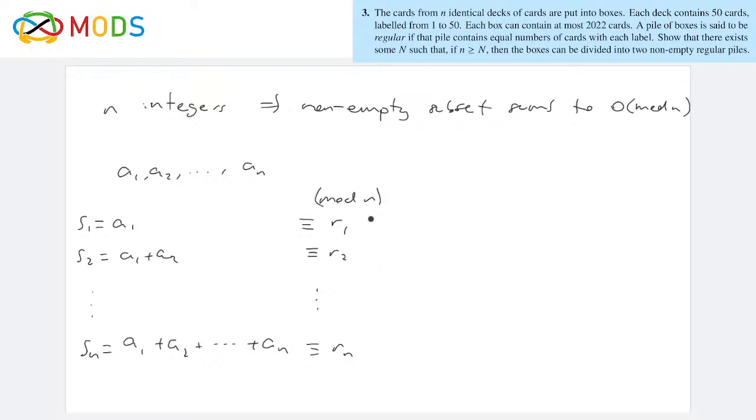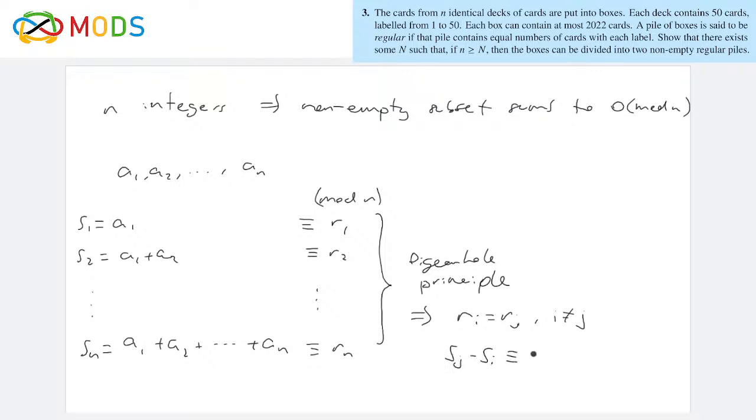And if any of these are 0, then you just take that partial sum. But if none of them are 0, then they have to repeat because there are n of them, and pigeonhole principle. So you just take the two that repeat and you subtract the two. So then we get that Sj minus Si is now congruent to 0 mod n.